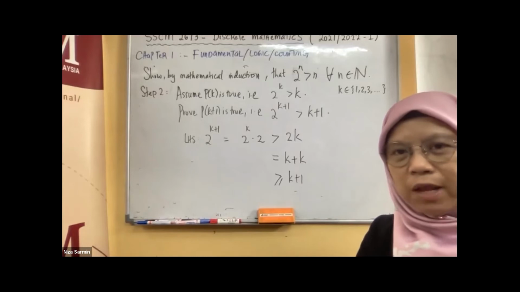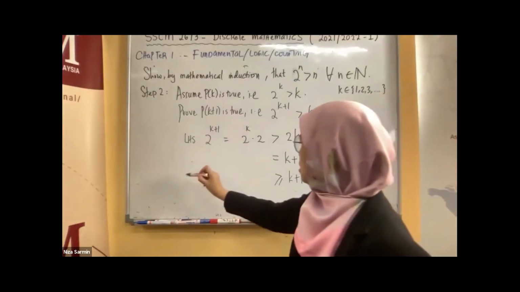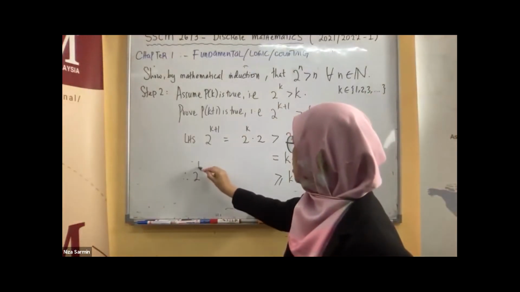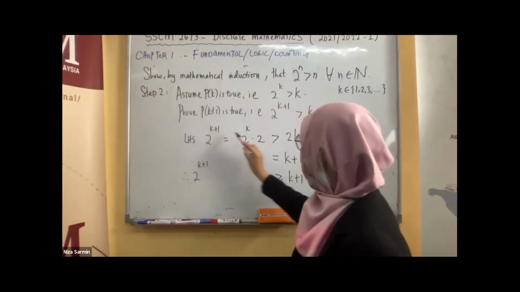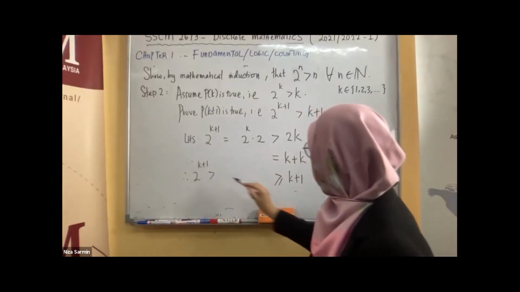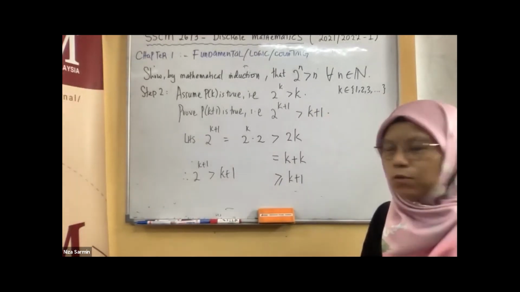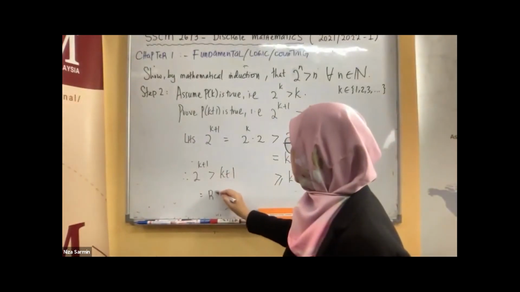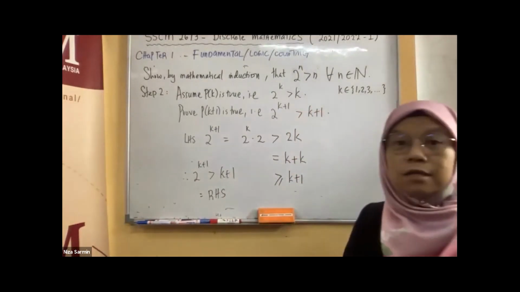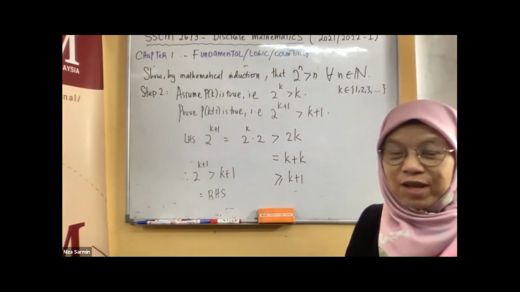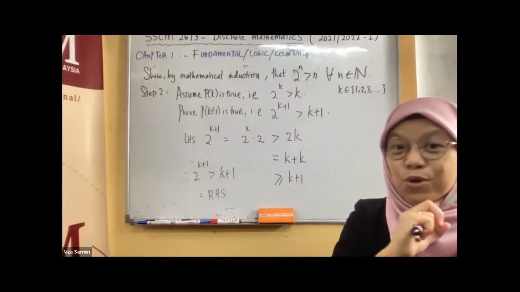So when you read from left to right, you will read 2 to the k plus 1 bigger than k plus 1, right? Which is the right hand side. Don't forget to conclude.